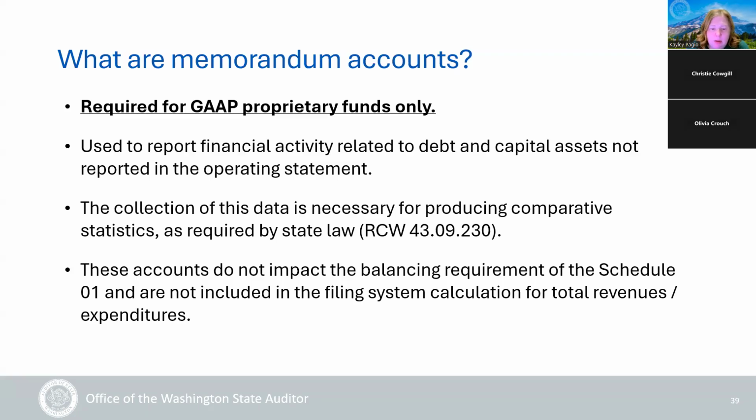Essentially, these memorandum accounts are used for informational purposes only and provide valuable financial data that we would not be able to collect otherwise. Since these accounts are for informational purposes only, amounts reported to them do not impact the balancing of the Schedule O1. So you don't have to worry about that aspect.